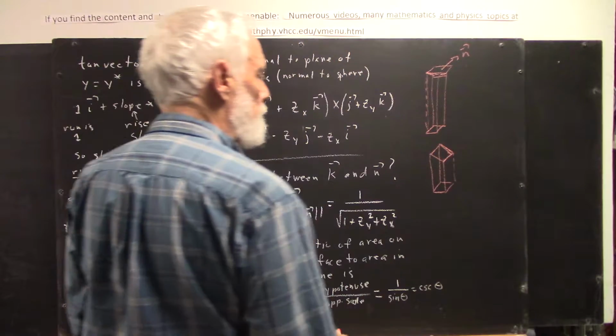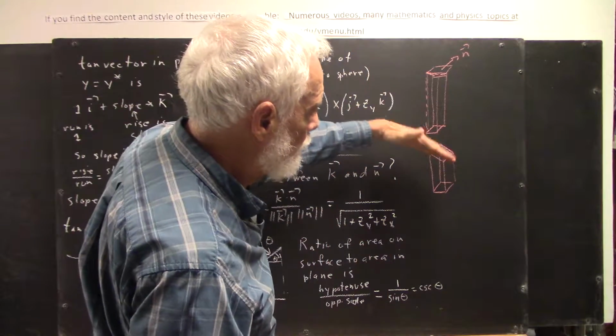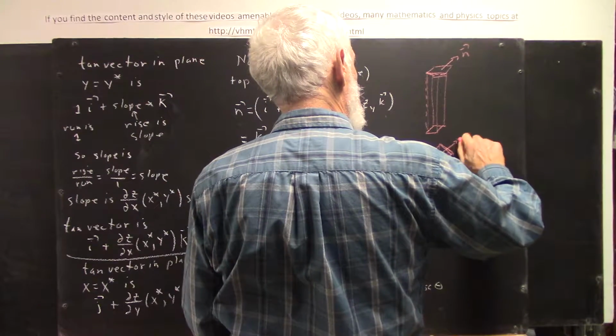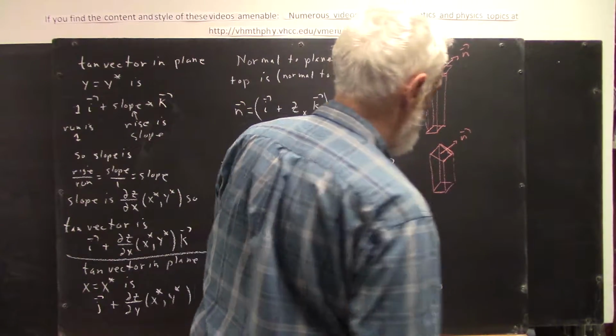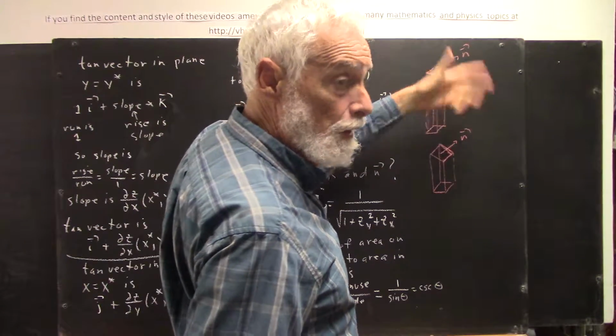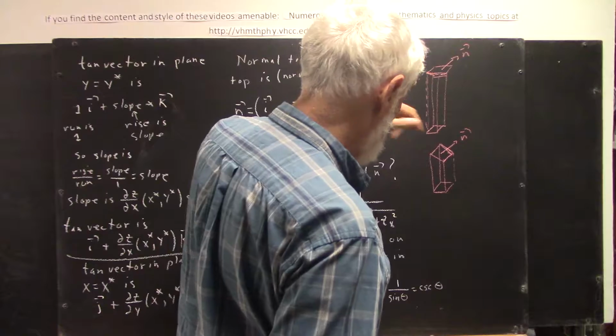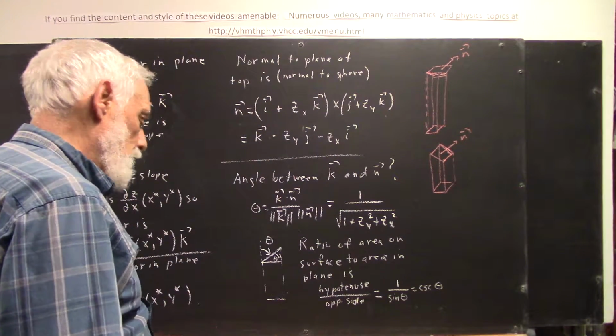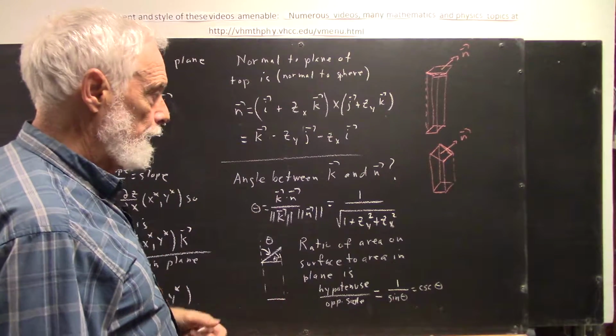Something like this, tilted this way and this way. And now our normal vector can be understood as something coming out in the direction away from the origin. Actually it is going to be directly away from the origin because we're on a sphere. In general, with other surfaces, that's not going to be the case.